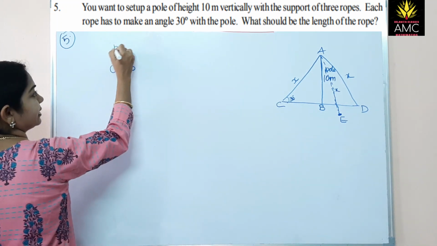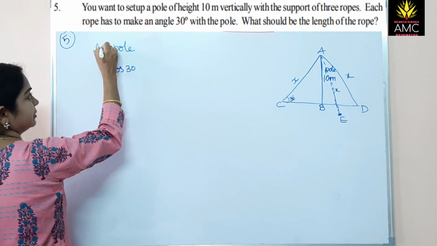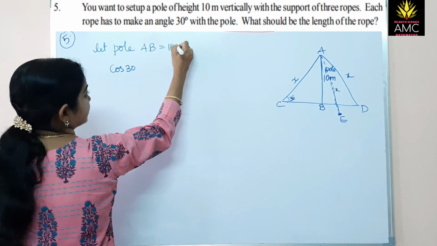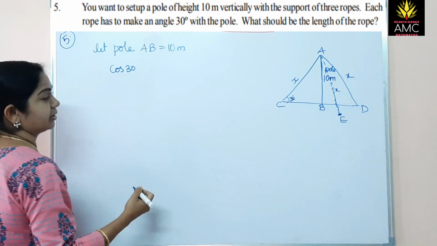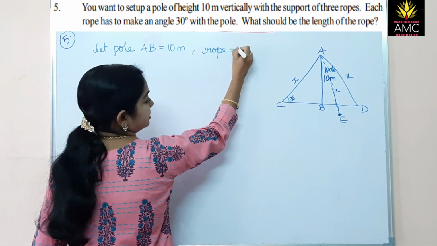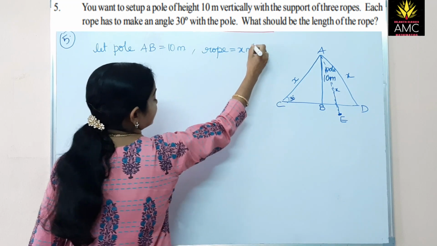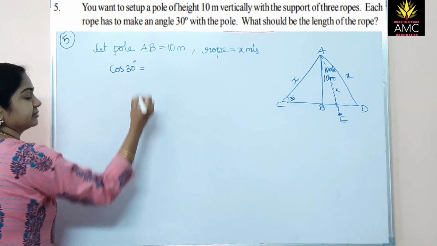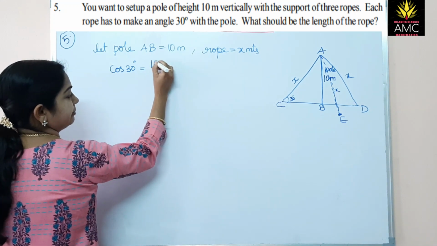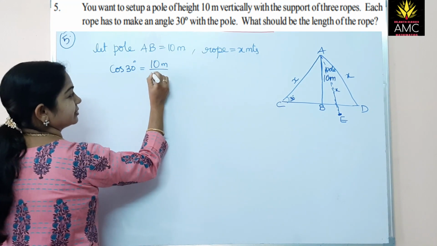So the pole, let pole AB be equal to 10 meters. Now the rope, rope is equal to x meters. Suppose if you take cos 30 degrees, that is 10 meters by x.